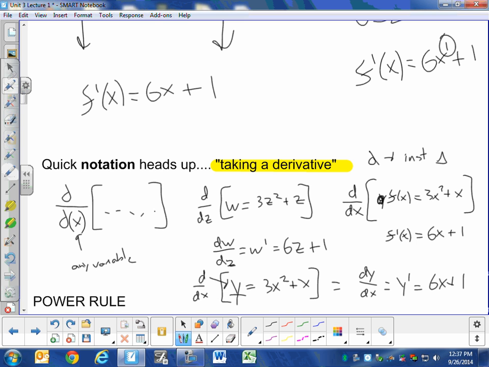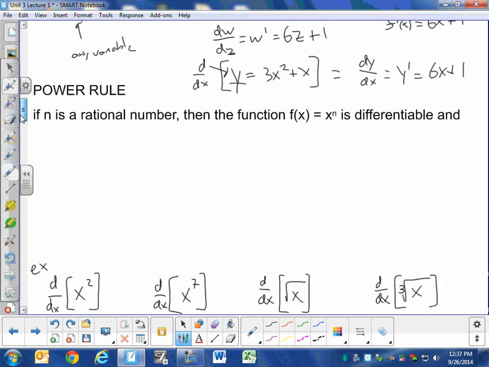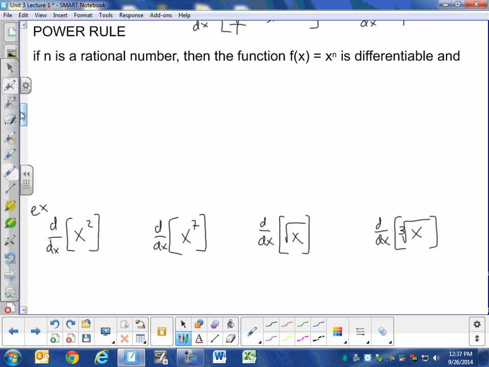Okay? Let's get to this first rule of derivatives, the power rule. You don't really need this statement if you don't want it.